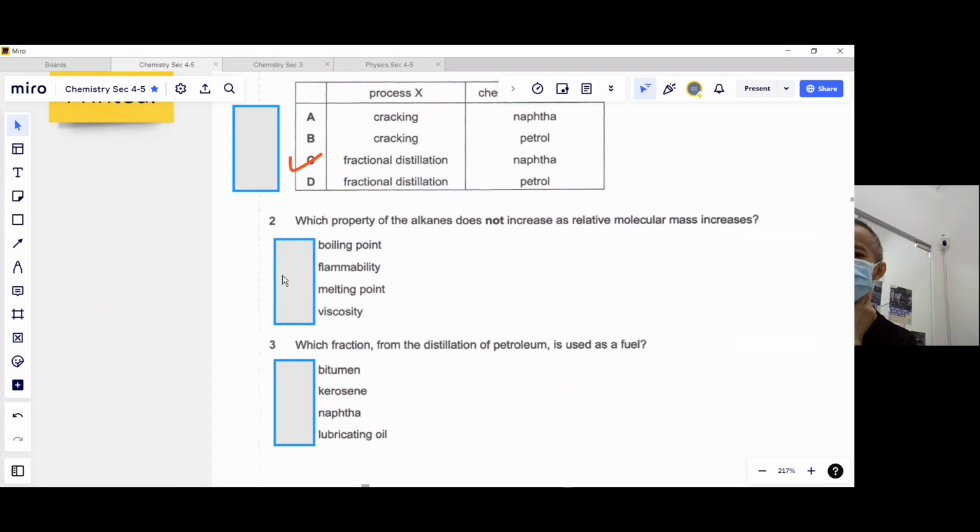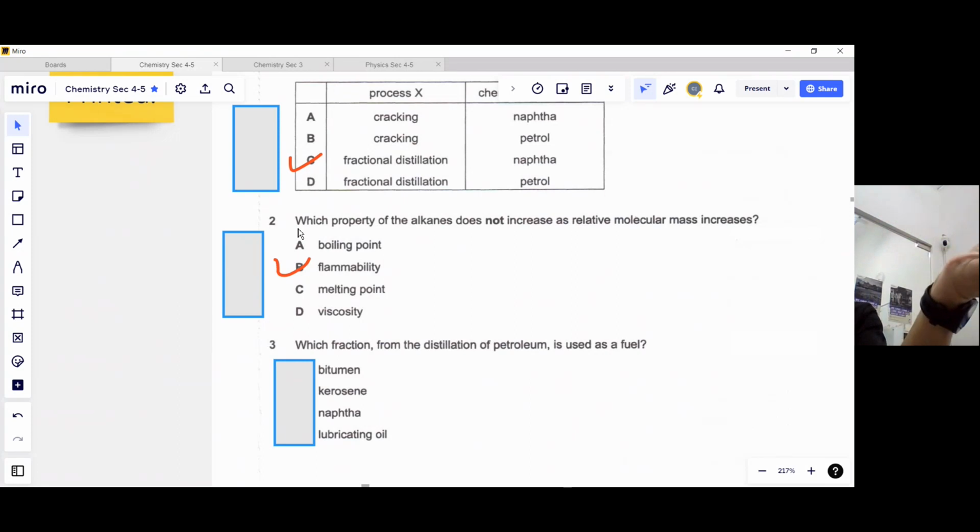Yeah. Guys, check its flammability. Reminder, I haven't mentioned anything about viscosity. That only comes in later. As your molecule becomes bigger, it becomes harder and harder to burn. So flammability decreases.